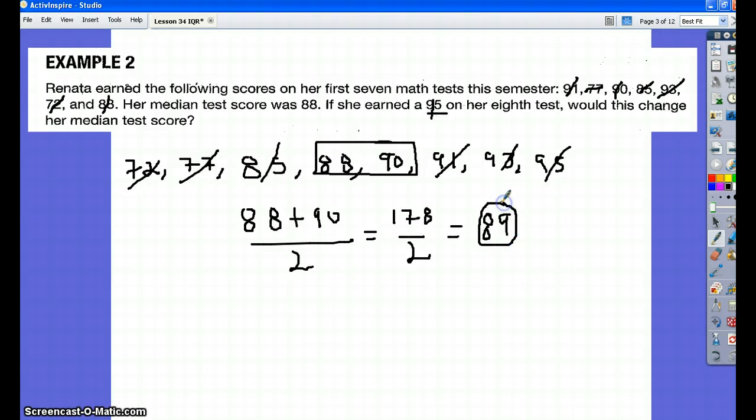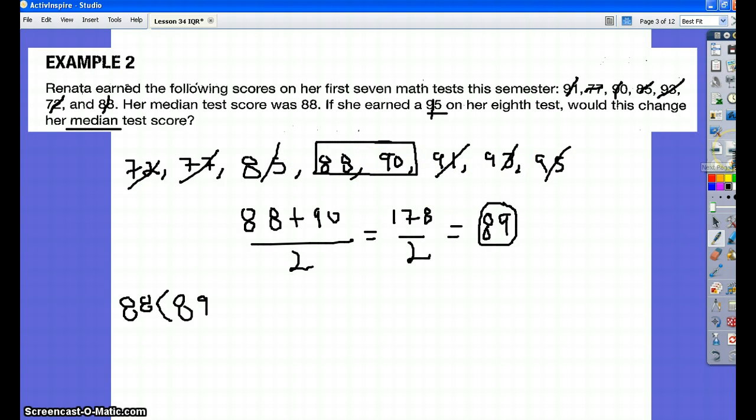So her new median test score is 89. Previously, it was 88. So therefore, it increased by 1 point. So that is how you do that one. So you just order them from least to greatest, find the middle numbers.